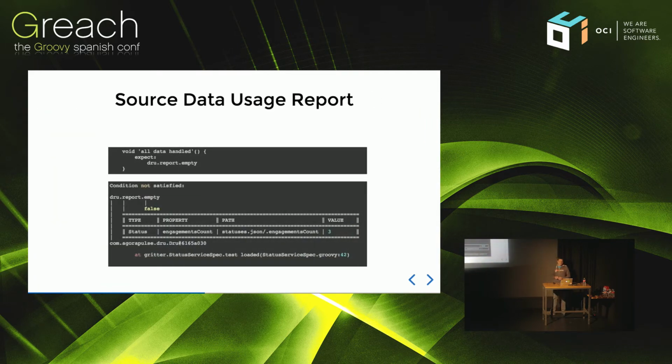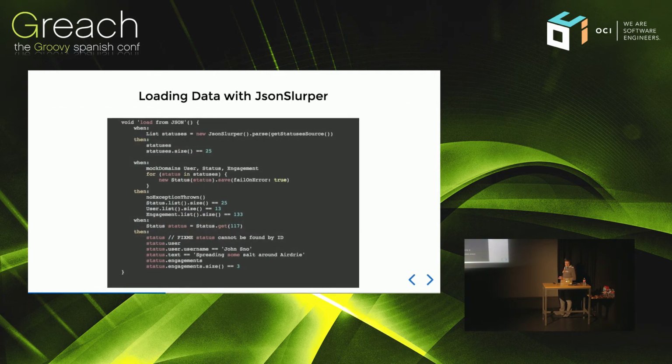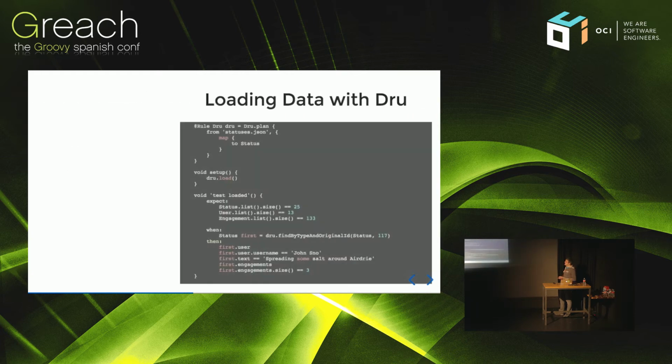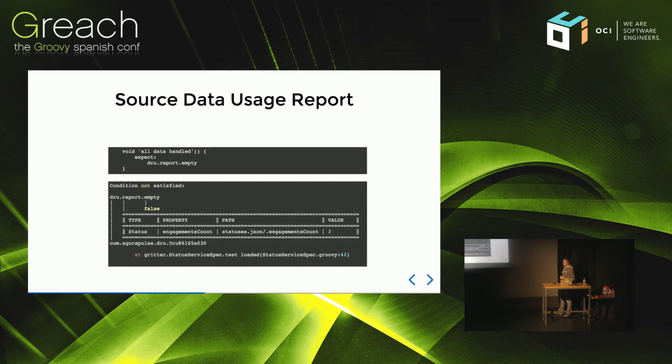Okay, another useful feature. So you have your data in JSON. Maybe you can just scroll back a bit. This is okay. And this could have a different name, or actually there's an engagement count, which is a direct property. So to be sure that everything was imported, you can just expect that the report is empty.